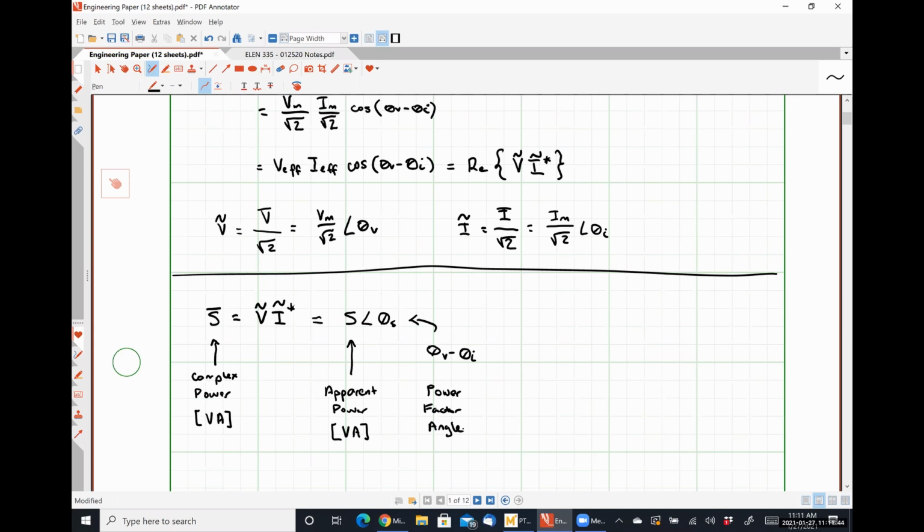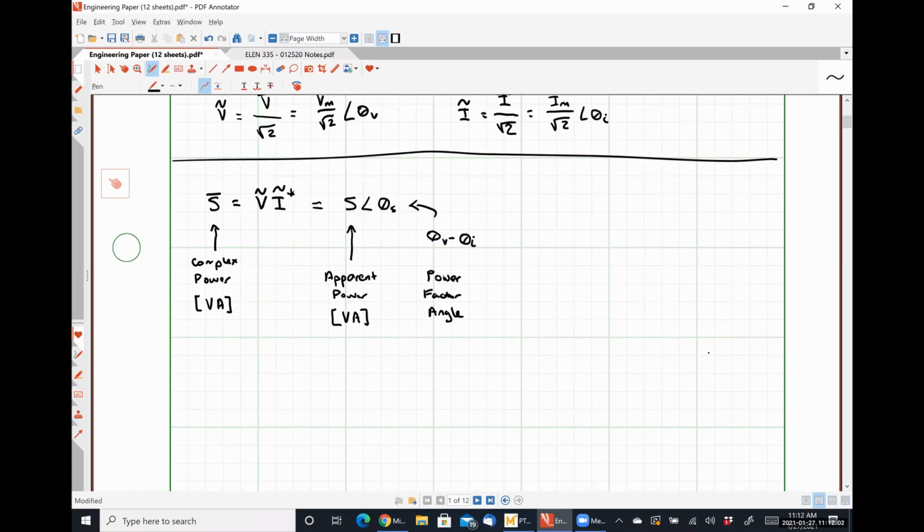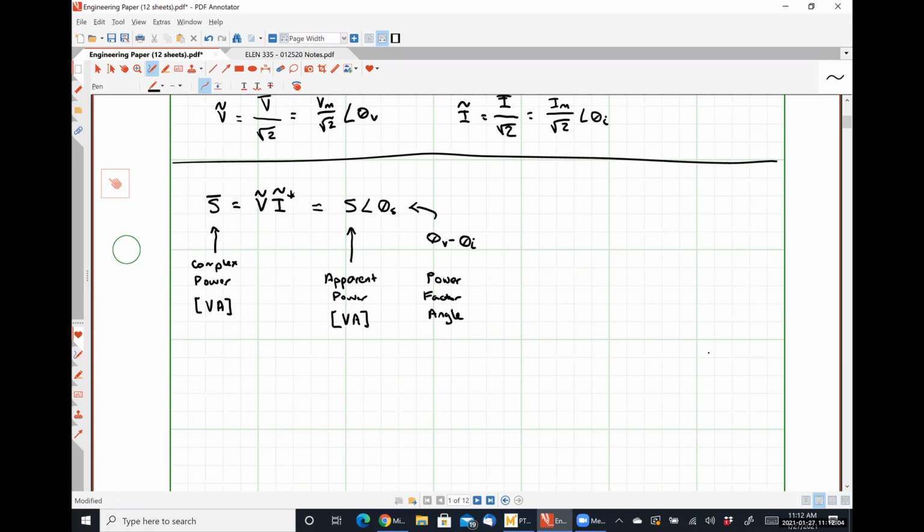Obviously, if it's got degrees, that means the dimensions are degrees. If it doesn't, it's in radians. It's an angle, so there's nothing fancy about that at all, okay? So in the polar form, our complex power tells us what the apparent power is and what our power factor angle is.